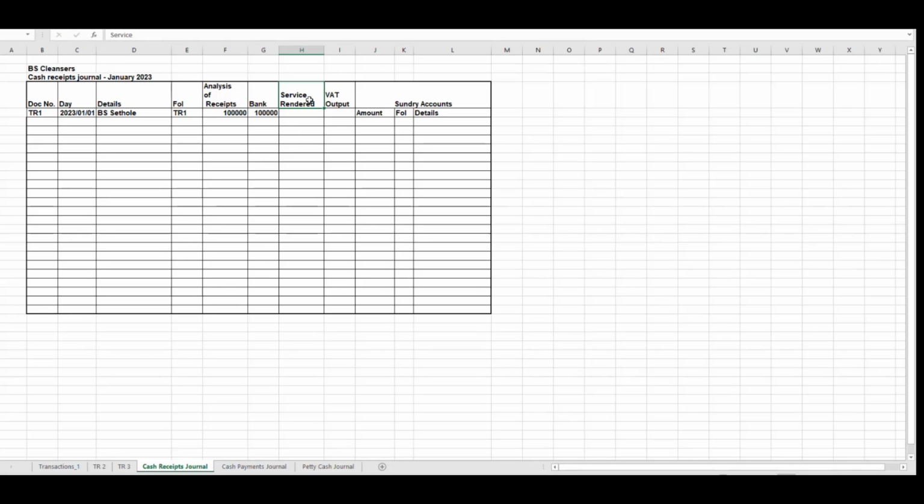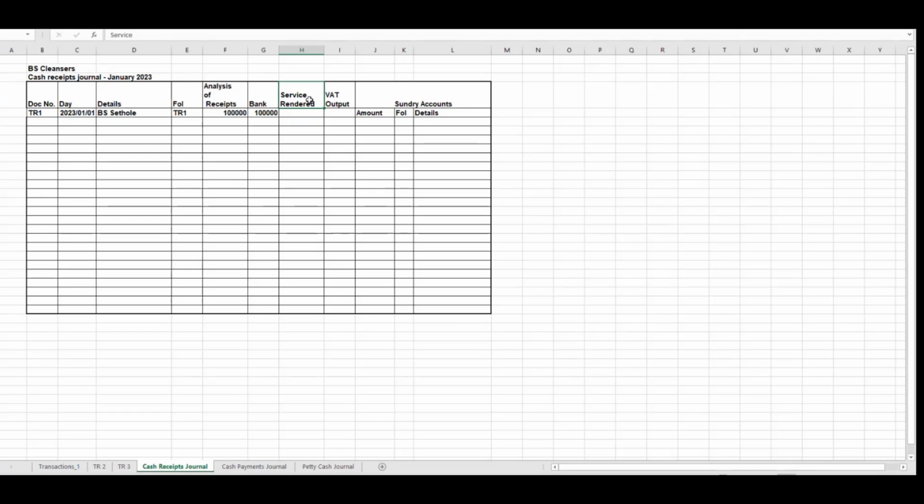If you were to draw the cash receipts journal, my advice is that you scan through your transactions and try to figure out if there is any account which has repetitive transactions.